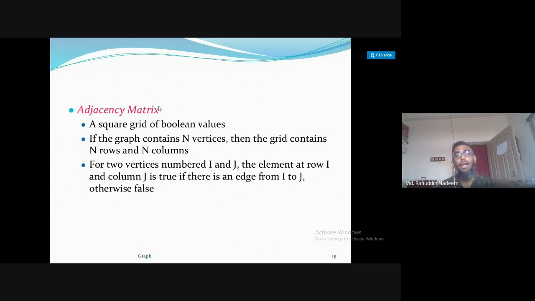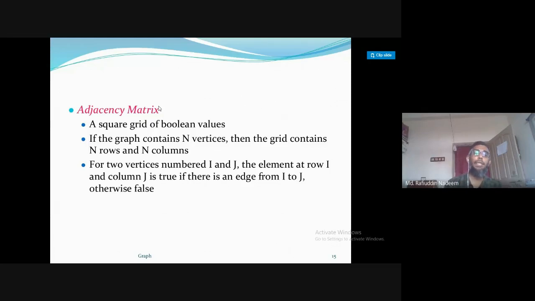In a graph of n vertices, the grid contains n rows and n columns. Suppose a graph contains three vertices, there will be 3 into 3, 9 entries. For two vertices numbered i and j, the element of row i and column j is true if there is an edge from i to j, otherwise false.